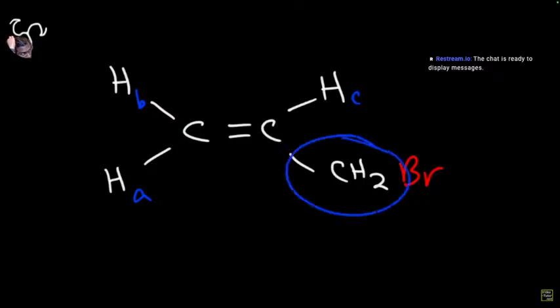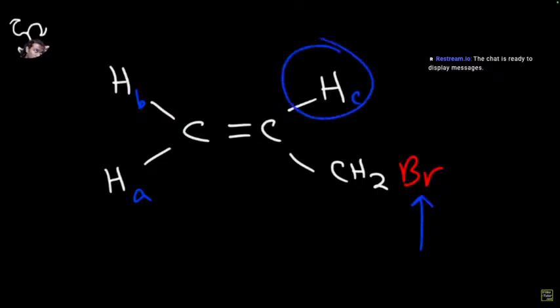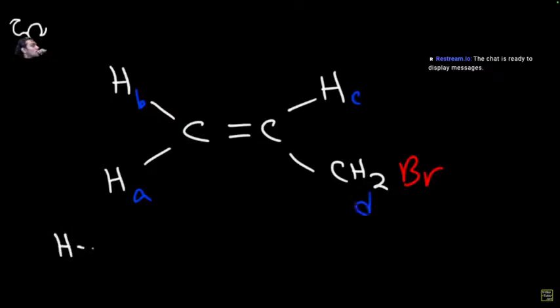Now, these 2 hydrogen atoms are different from the rest because they are attached to a carbon atom that is directly connected to the bromine atom, whereas all of the other hydrogen atoms are attached to a carbon that does not contain the bromine atom. So this will be signal D. Thus, for HNMR, we should expect 4 different signals.